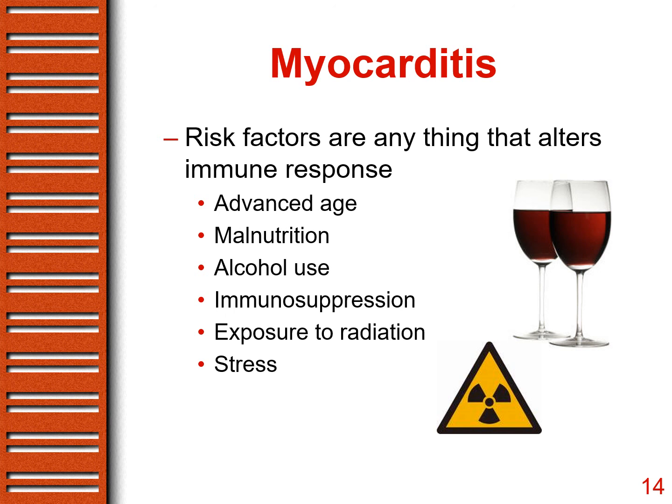Malnutrition, alcohol use, any immunosuppression, and we know there's lots of things that can cause immunosuppression in our patients. Exposure to radiation and stress. All of these things could increase the risk for myocarditis.